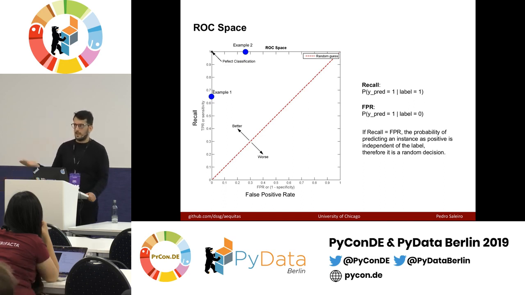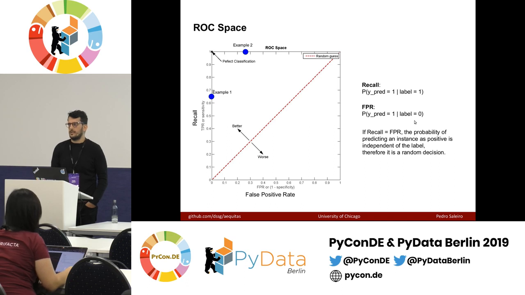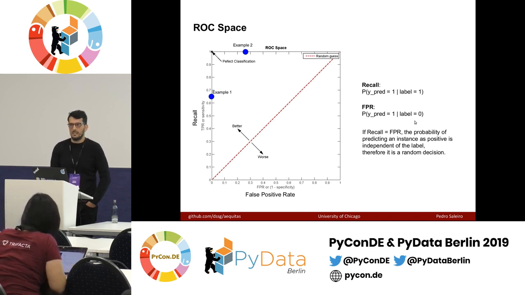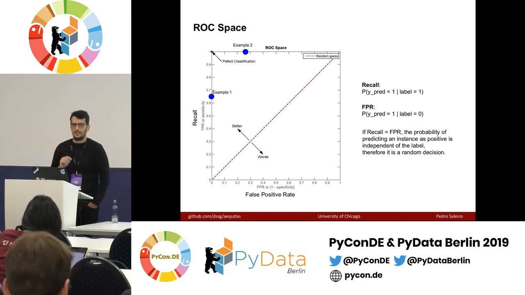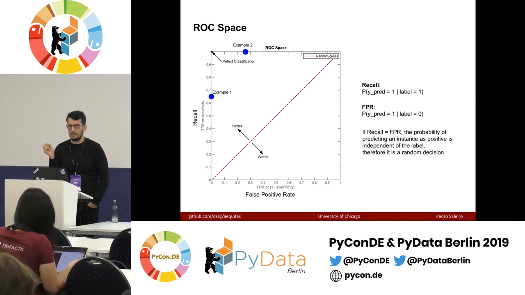So given a non-positive label, what is the probability of misclassifying the non-positive as positive? And as you can see, when these two probabilities are equal, basically we are getting probabilities independent of the label. That's why we say this is random, because it doesn't matter what the true outcome of the examples is. The probability of predicting positive is the same regardless of the label.